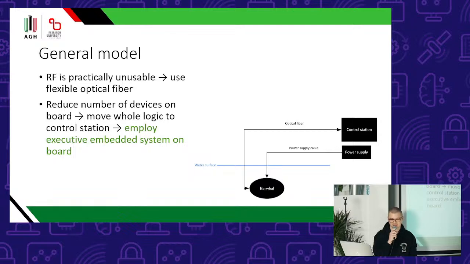So here we have a very general model of our robot. We have our Narwhal and control station with a power supply. And I told you that for ROVs the RF is practically unusable, and we must use wired connections. And why is that?